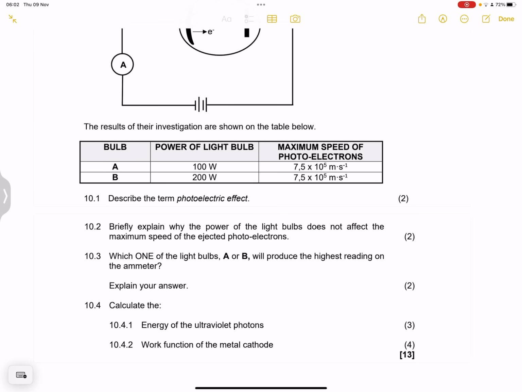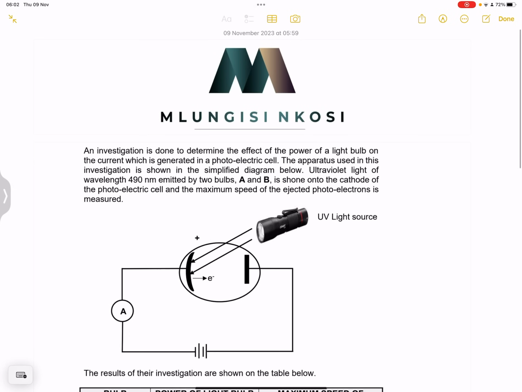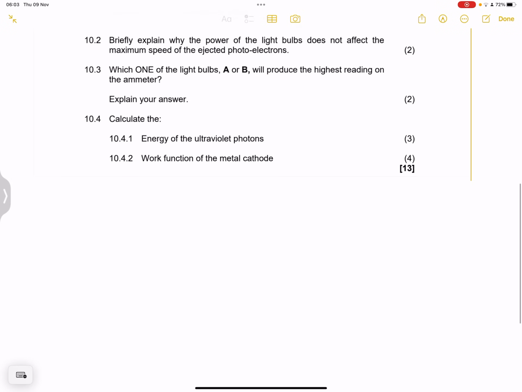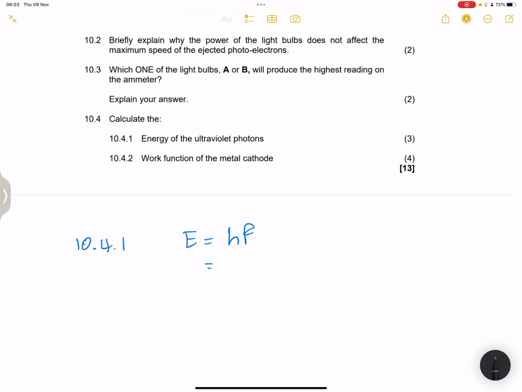They said to us in 10.4, calculate the energy of the ultraviolet photons. Remember we were given the wavelength, 490 nanometers. To get the energy of the photons, in 10.4.1, we are not given the frequency, but we know that frequency is the speed over the wavelength.